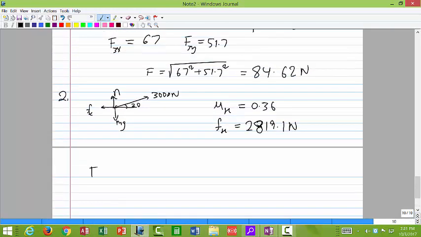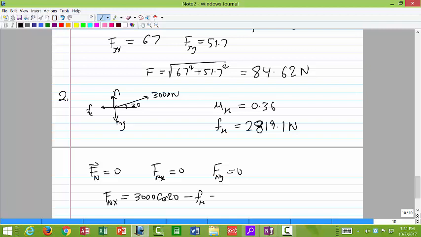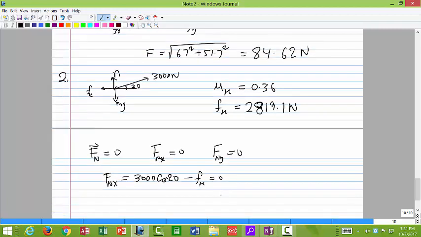So again, the condition for equilibrium is the net force should be equal to 0. So net force X is 0. Net force Y is equal to 0. Net force X should be equal to the X component of 3000, so you can say 3000 cosine 20. Then you subtract Fk, and that should be equal to 0.